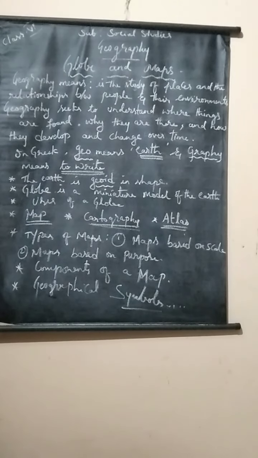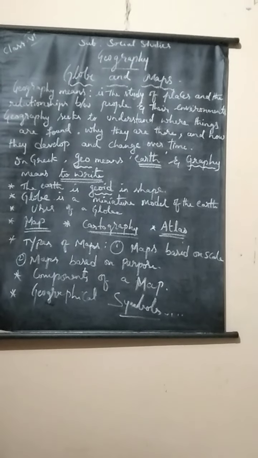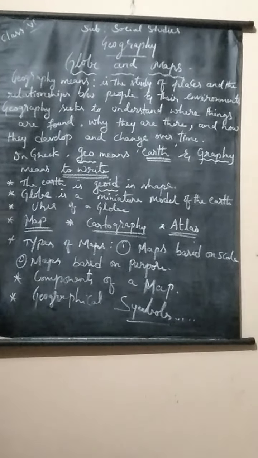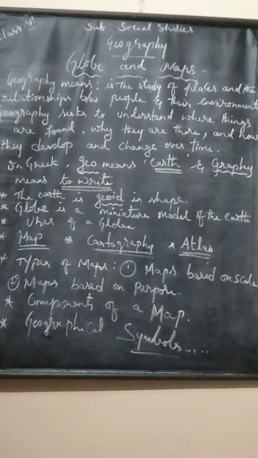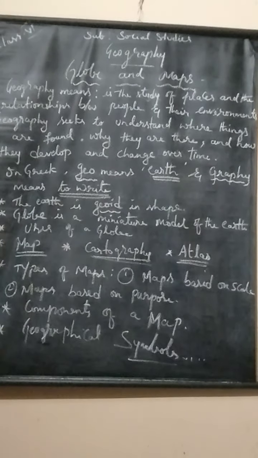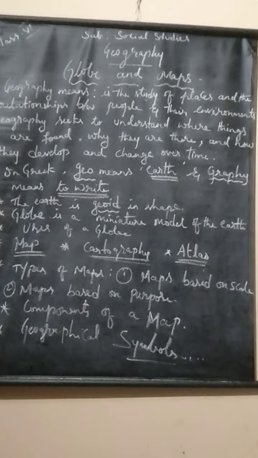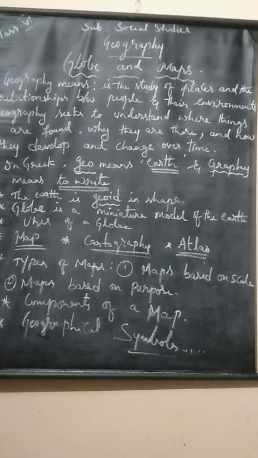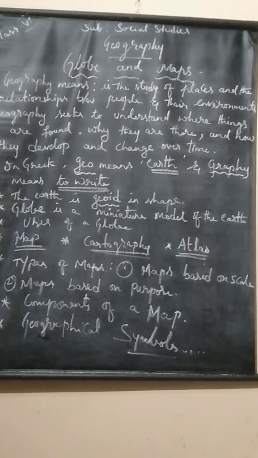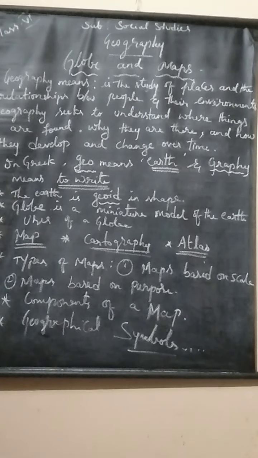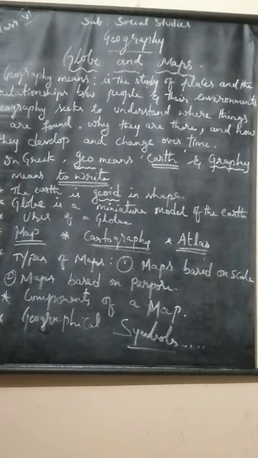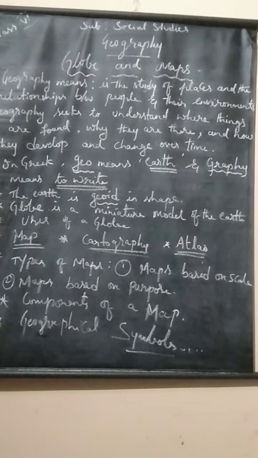And to find the direction, the symbol of an arrow pointing to the north helps us to find the other directions, and to find the distance, the scale given on the map helps us to know the distance between the two places. These are the skills we have to know.